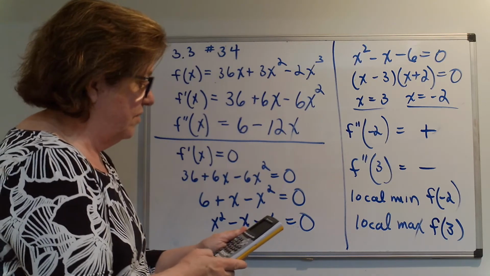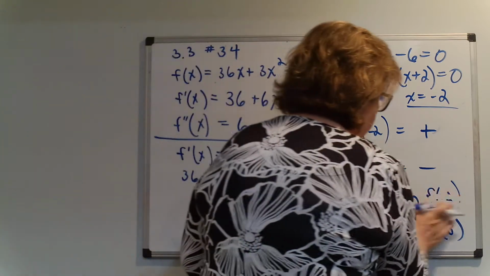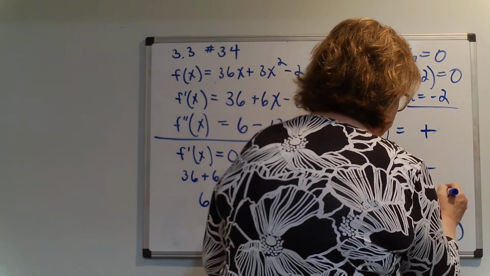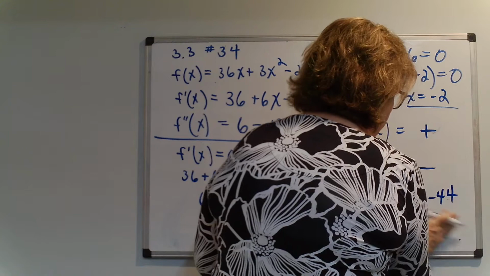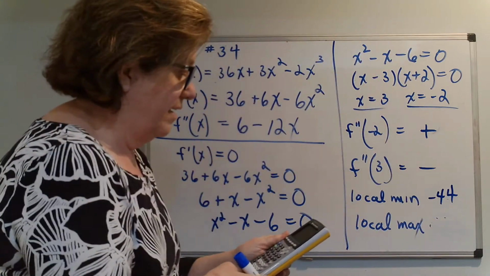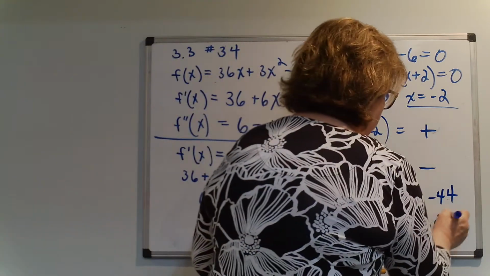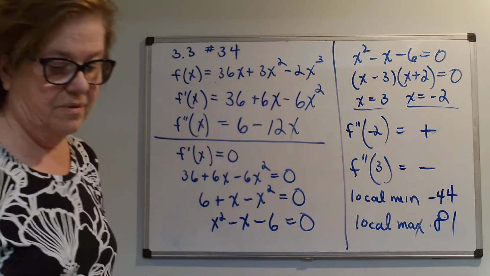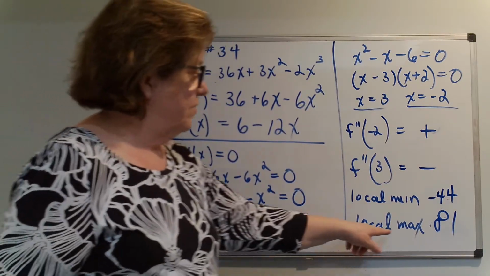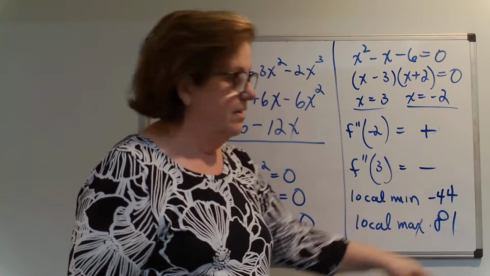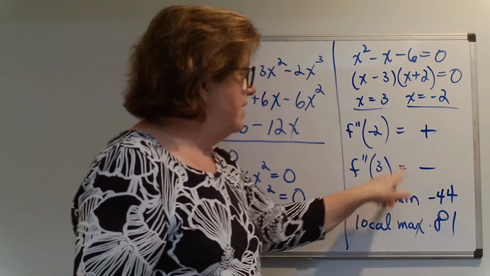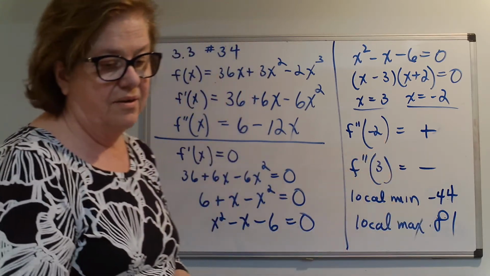At -2 I get -44. At 3 I get 81. So the local maximum occurs at x equal to 3, and it's 81. The local minimum occurs at x equal to -2, and it's -44.